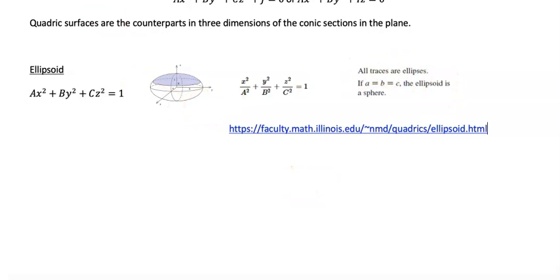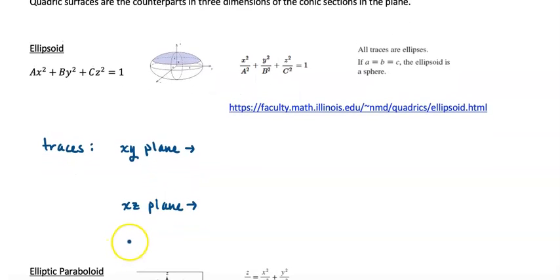That means that our trace in the xy plane, in the xz plane, and in the yz plane are all ellipses.